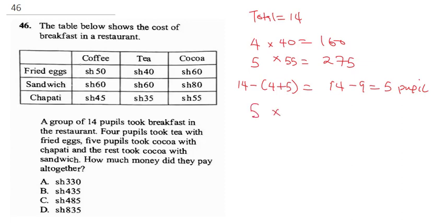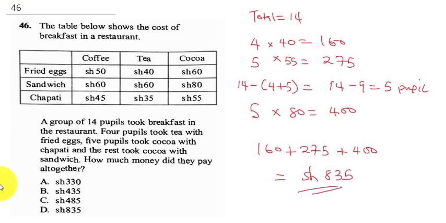Now cocoa with sandwich gives us 80. 5 times 80 will give us 400. So if we want to get the total they spent, we'll do 160 plus 275 plus 400. Now when you sum this up, you are going to get 835 shillings. So the correct answer here is D. So I'll mark my D.